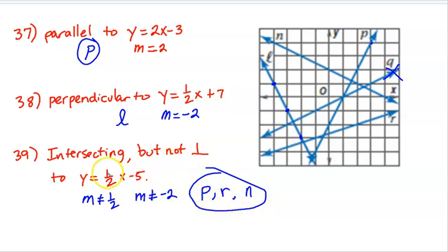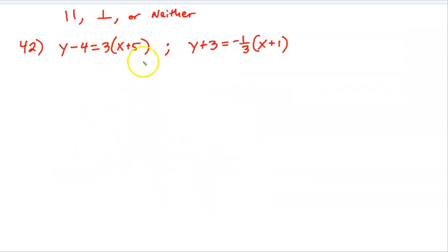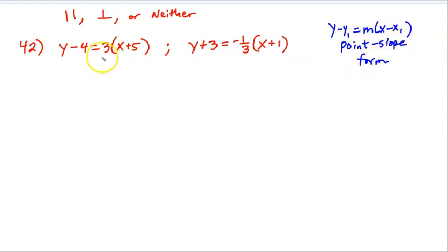And then I just want to take a look at number 42, because this is a linear equation form that we didn't deal much with. In case you're interested, sometimes you learn this in Algebra 1. This is called point slope form. The equation here on the left is in point slope form.